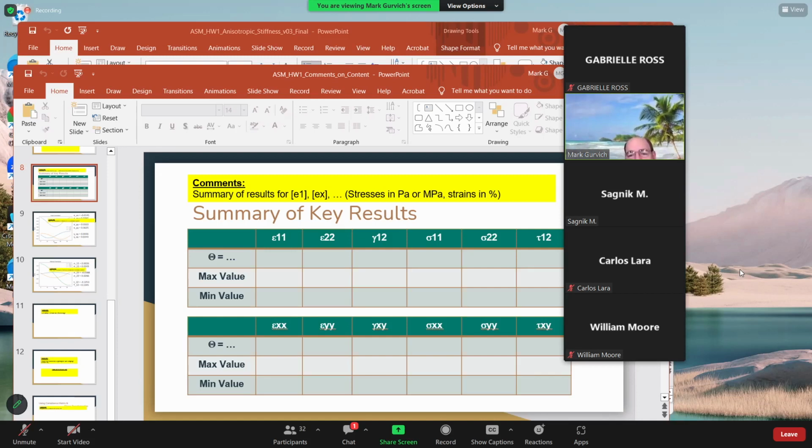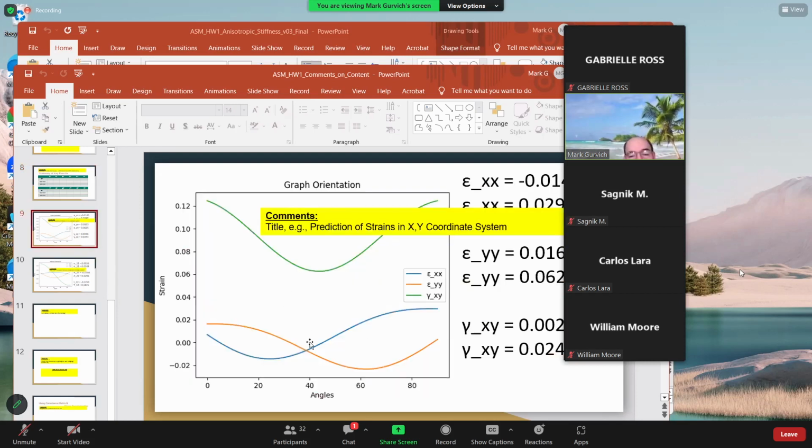So it's just a question of dedication, not extra work. It's interesting to see how with the angle your picture completely changes. For example, at a small angle, component YY is bigger than component XX. When you are around 40, they're about the same.